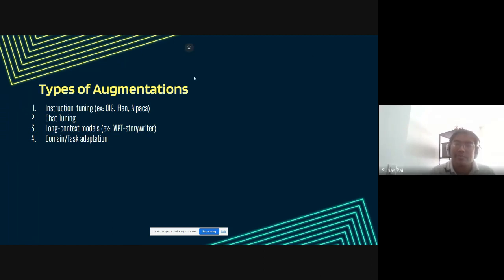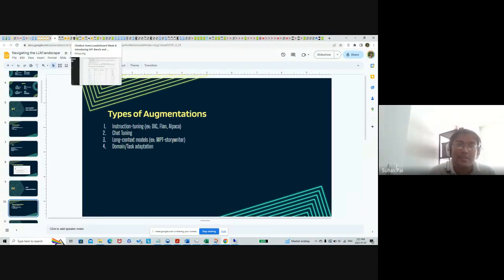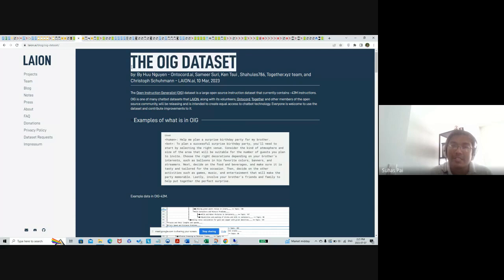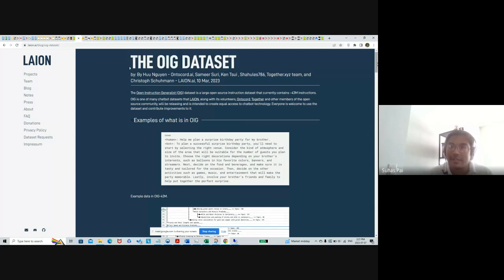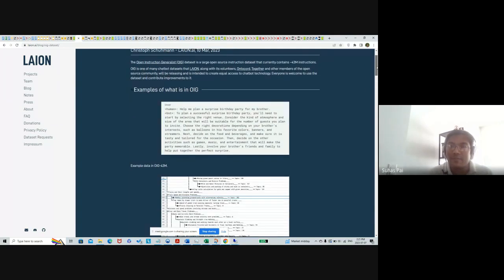When I come to instruction tuning, there are a lot of different types of datasets. One example is the OIG dataset.